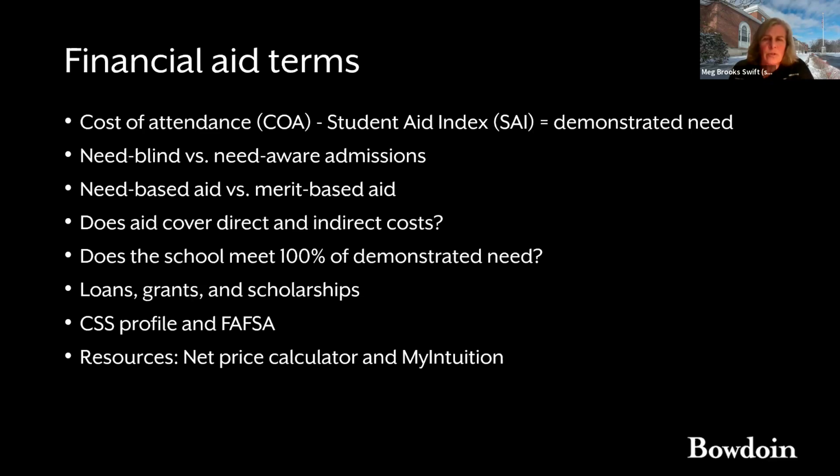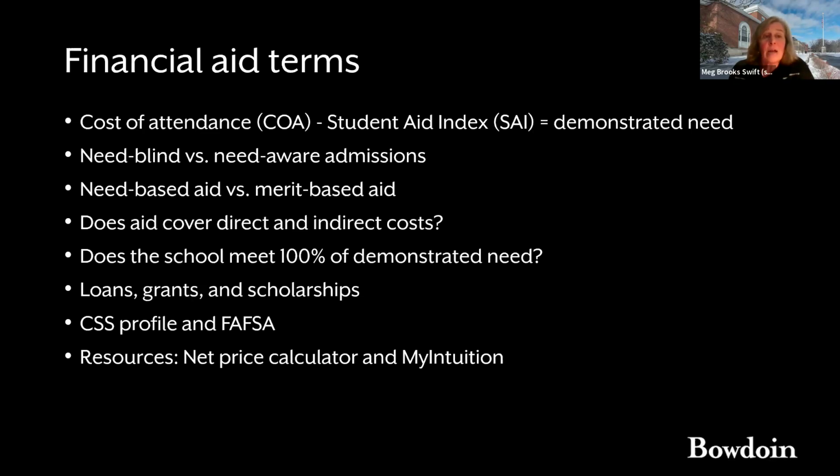FAFSA refers to the federal form for student aid, and this is a federal form. Many of you probably heard about the big FAFSA delays in 2024. We are hopeful that 2025 is on a much better path, and early indications show that it is.